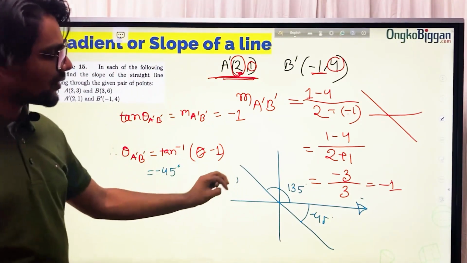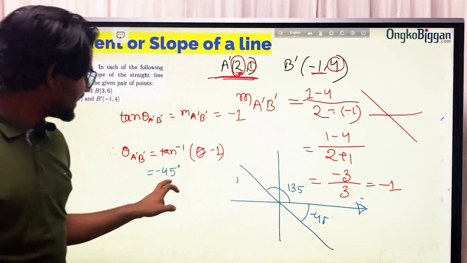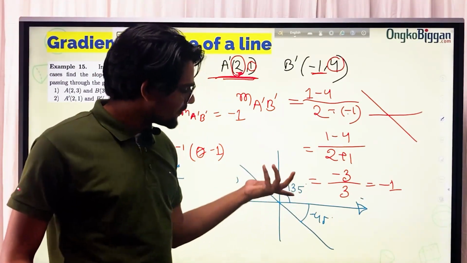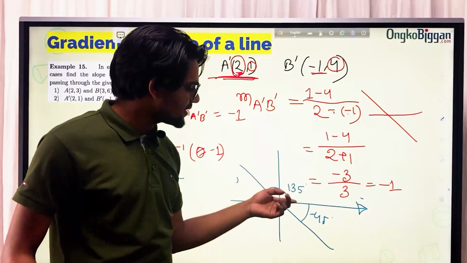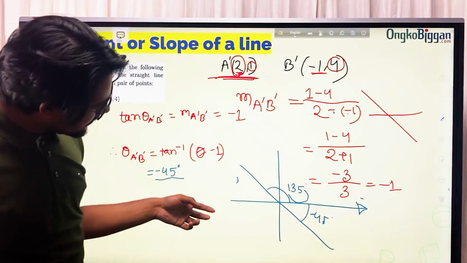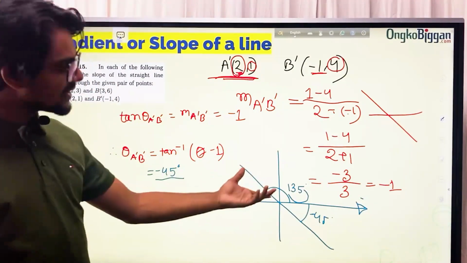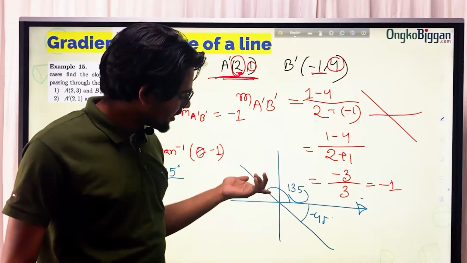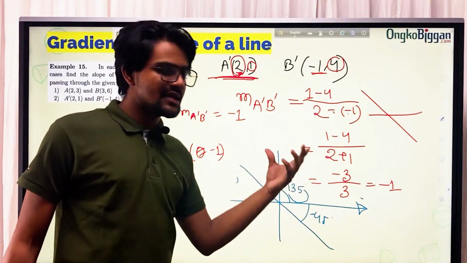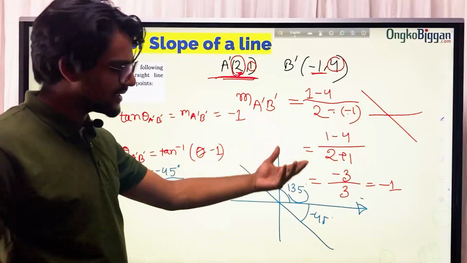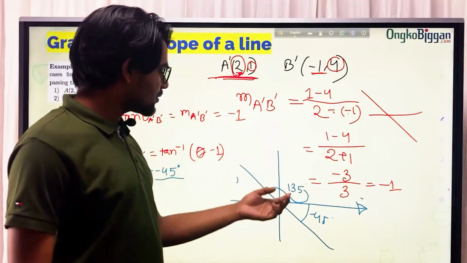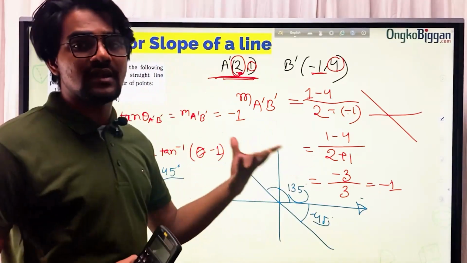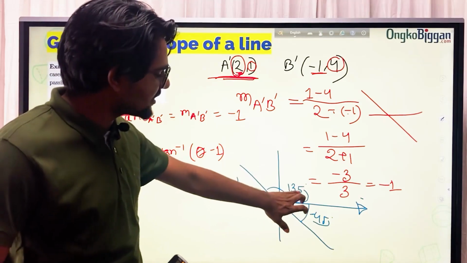In most cases, if we get a negative value, like this minus 45 degrees, what we are going to do is convert it into a positive value, that is, here it is 135 degrees. In most cases, the line will be inclined at an angle within the range of 0 to 180 degrees, so don't worry about anything other than that.